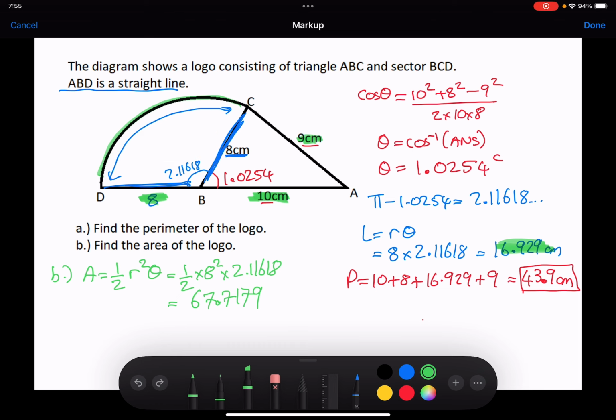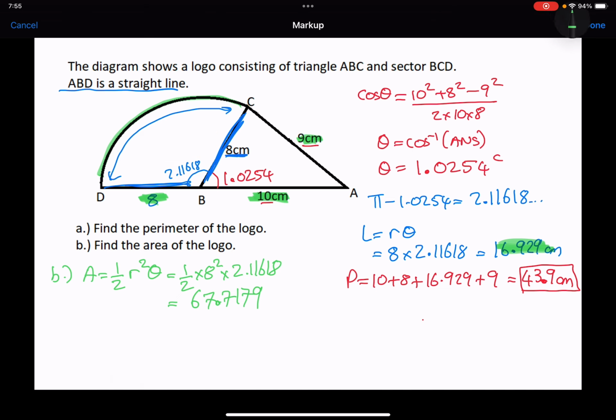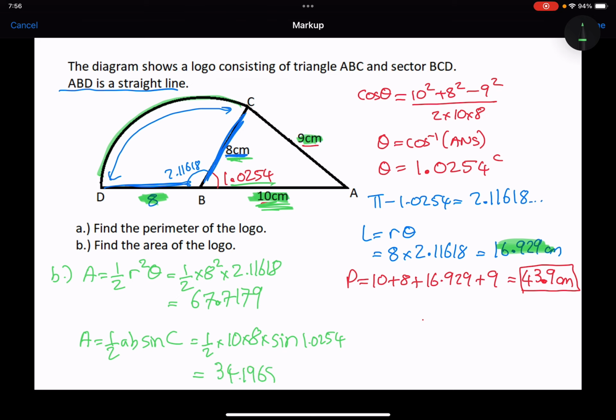I then need to add the area of the triangle to that. For the area of a triangle, I can use the formula a half ab sine C, where a and b are the two sides either side of the angle that I'm going to use. So we'll do a half times the 10 times the 8 times sine of the 1.0254, which gives me an area of 34.1698.